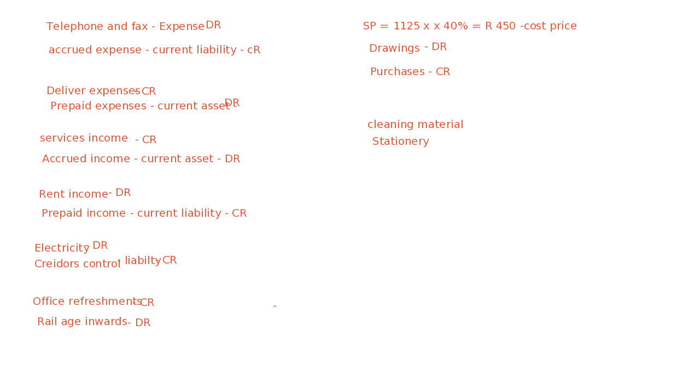Can you see now? Those two accounts, cleaning and stationery, will be absorbed by consumable stores on hand. Remember, it shows our current asset. Debit or credit? Debit. What will I do to the cleaning material? Debit or credit?